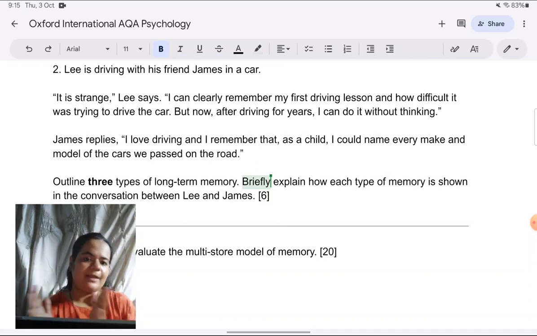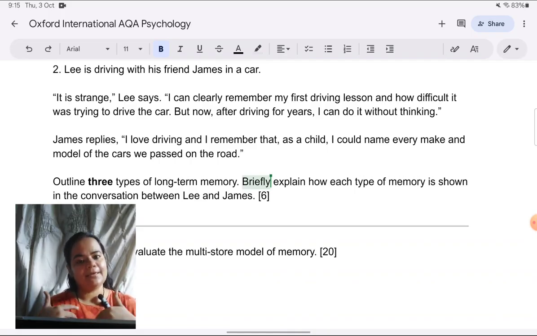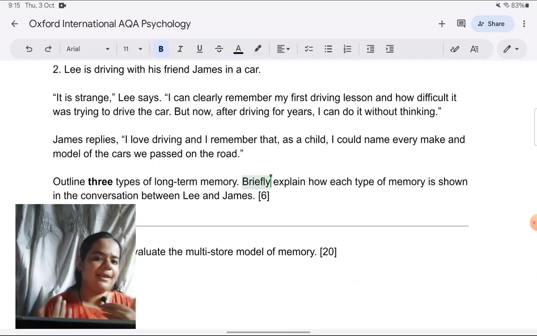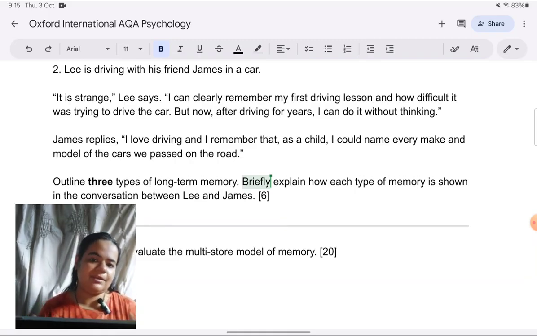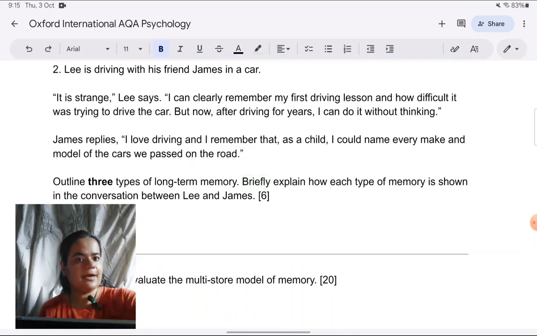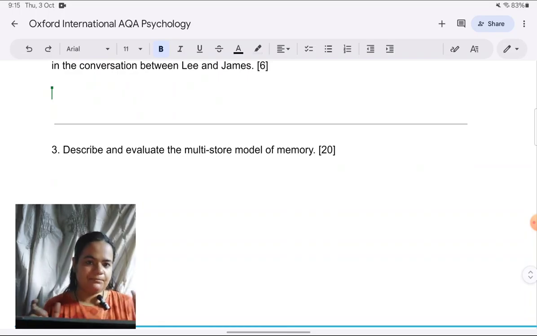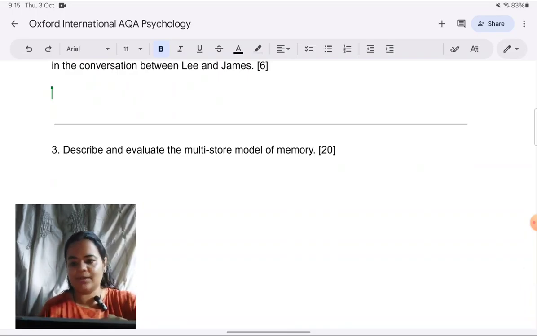So I keep going back and forth between AO1 and AO2. I just feel that it helps me to explain better. That's my writing style. So it's up to you how you want to write. Just make sure you justify 3 marks for AO1 and 3 marks for AO2. You will get to see my style as I write, how I go back and forth between meeting the two assessment objective requirements.